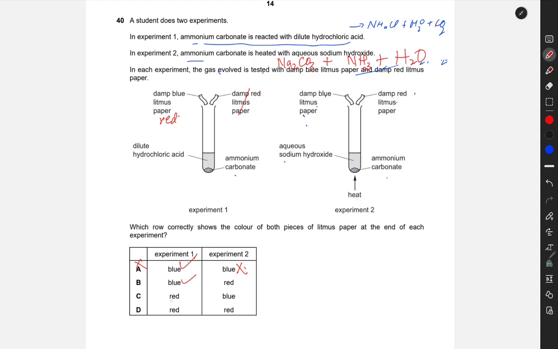Ammonia is an alkaline gas, so it turns red litmus paper blue. So option C is the correct option, because in experiment 1 blue litmus paper turns red and in experiment 2 red litmus paper turns blue.